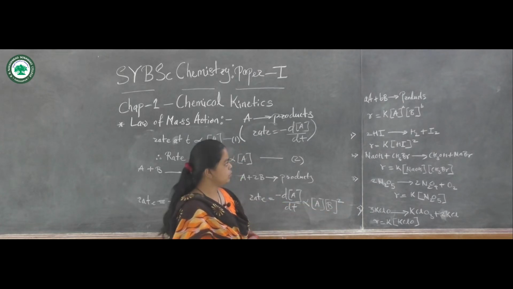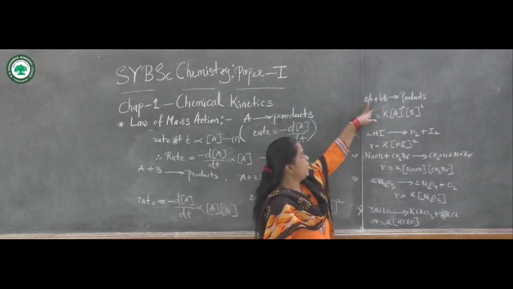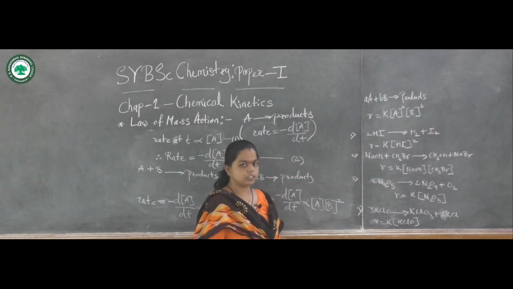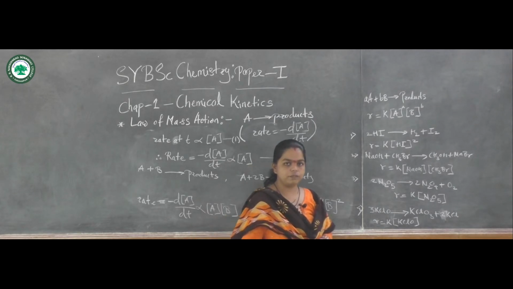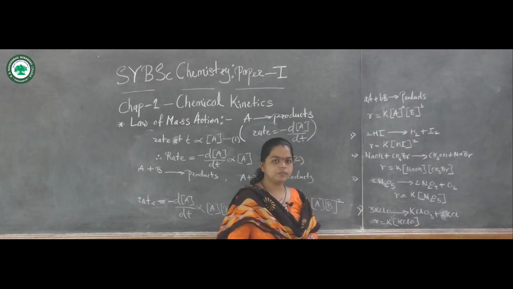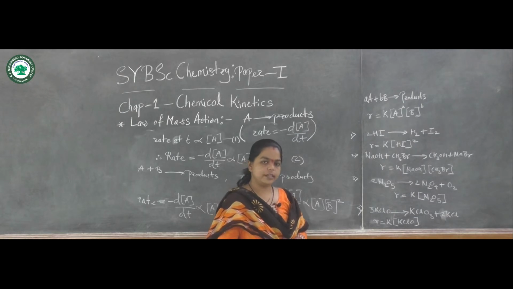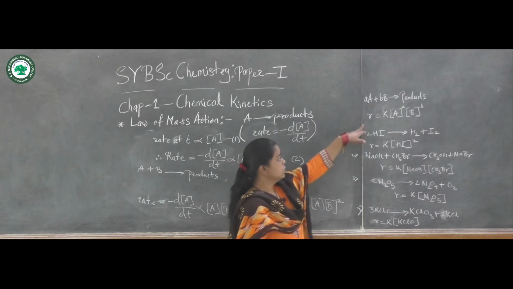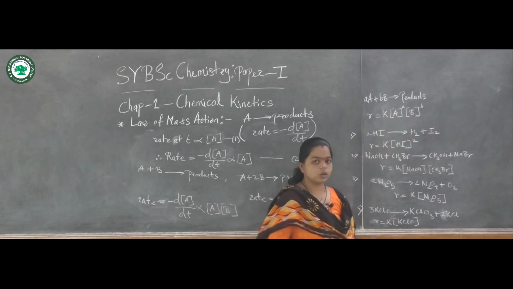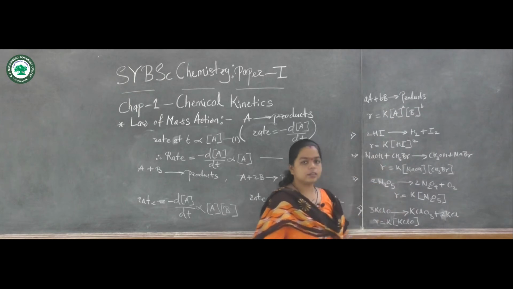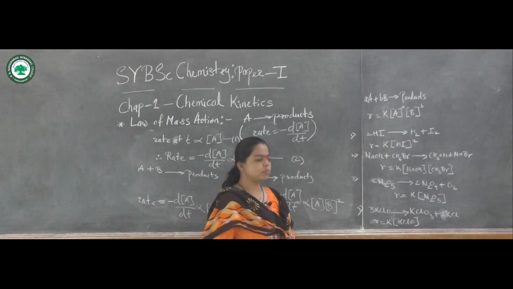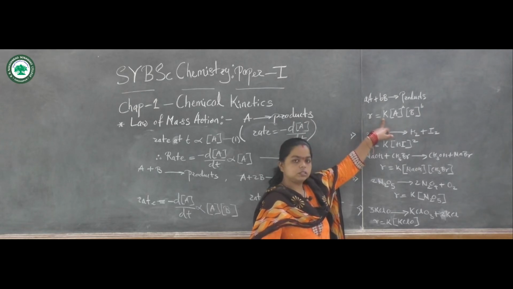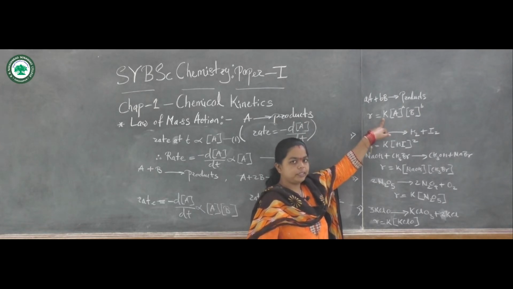For a general reaction we can simply write aA plus bB gives product. If we consider the general overall reaction, small a is the coefficient of reactant capital A, and small b is the coefficient of reactant capital B. So rate can be given as R equals K into the concentration of A raised to a and the concentration of B raised to small b, where K is the proportionality constant.